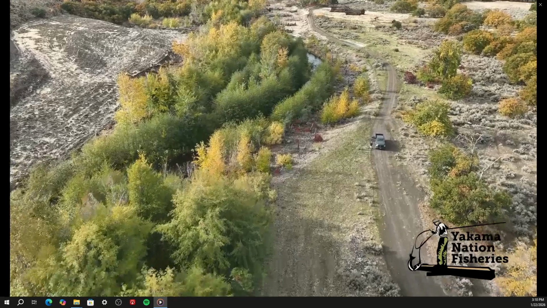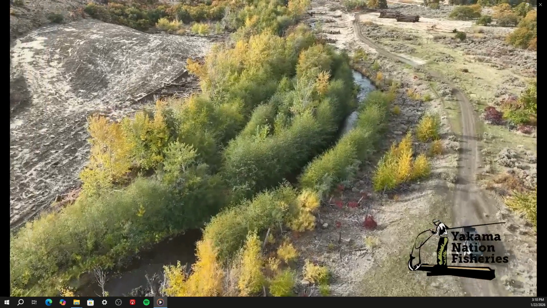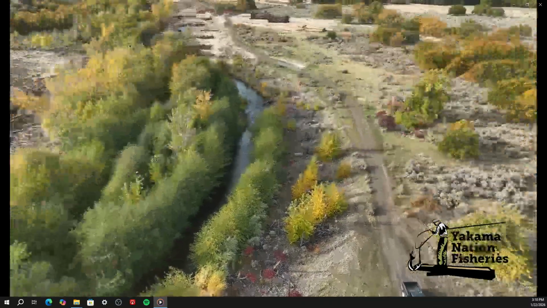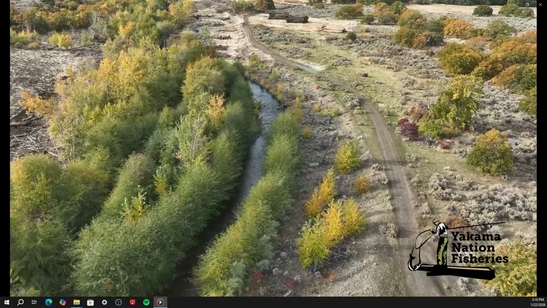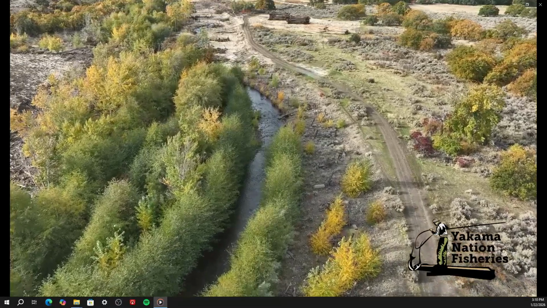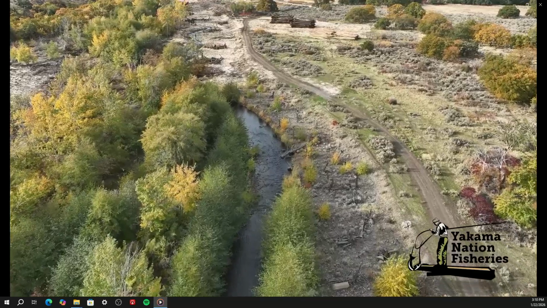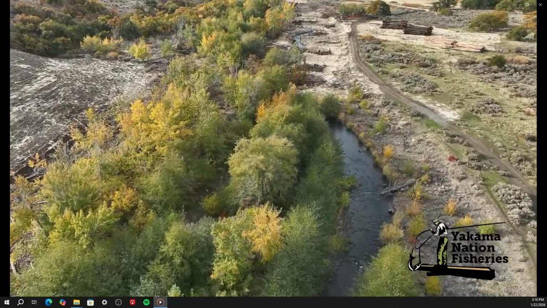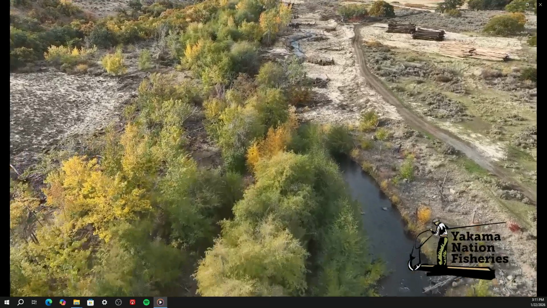We also had to save money and find funding sources, because these restoration projects are not cheap by any means. So in 2025, last year, we removed the remaining 0.5 miles of dike.